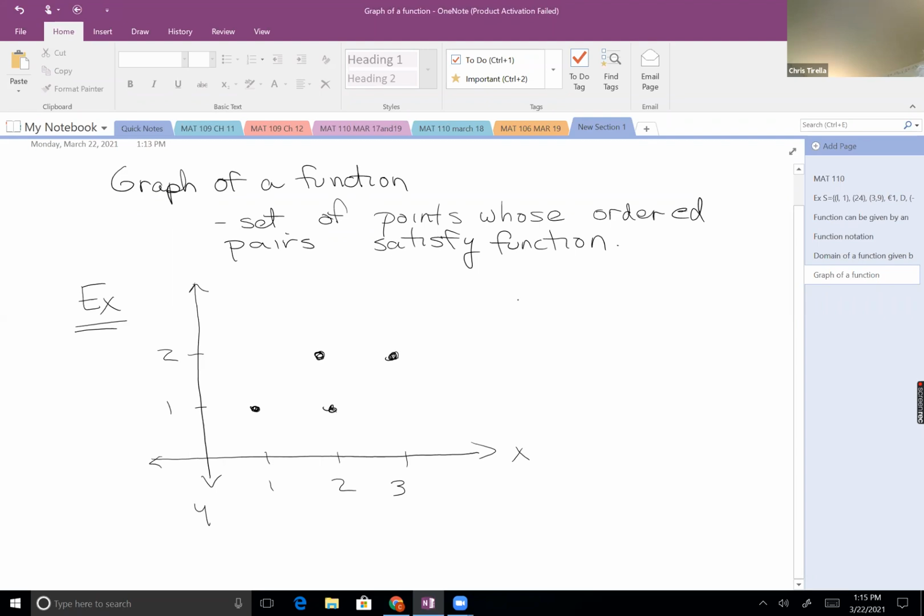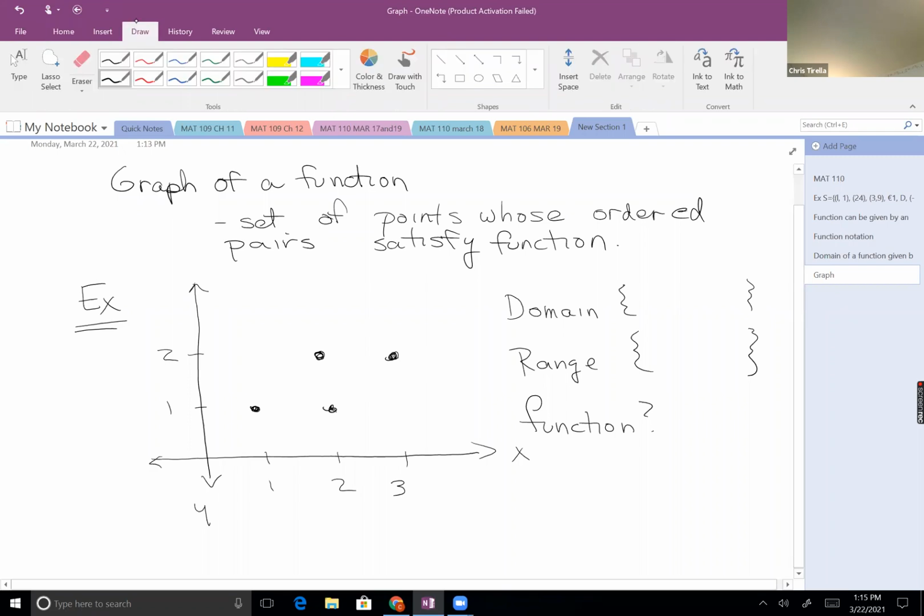And for this diagram, we might be asked to find the domain, the range, and then we might be asked, is it a function? In looking at something like this, hopefully everybody's comfortable reading their coordinates.